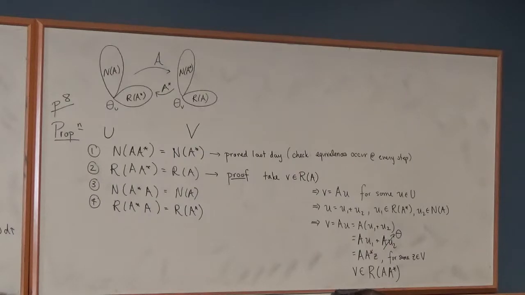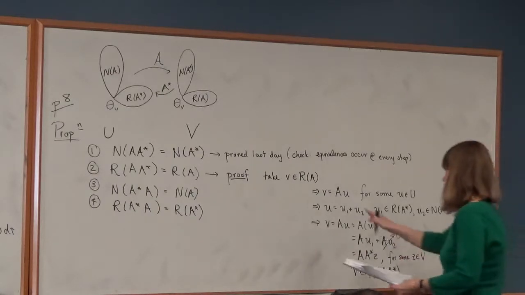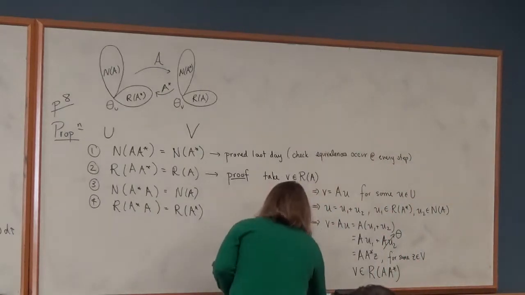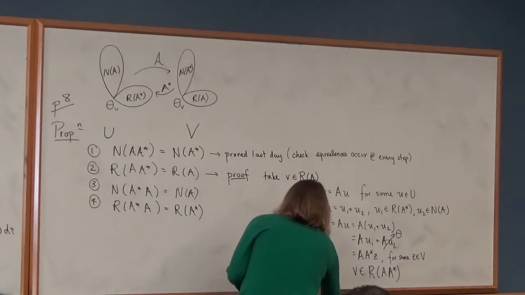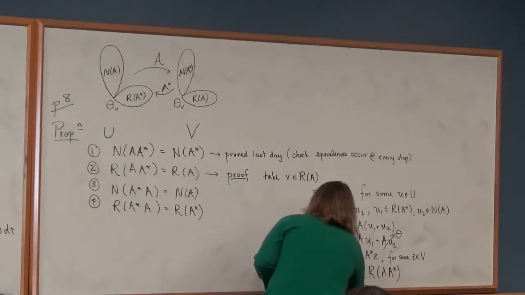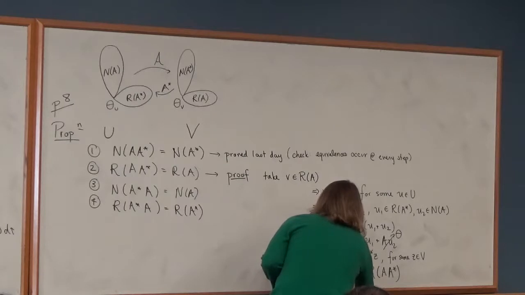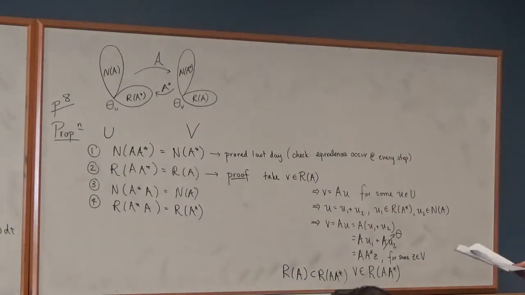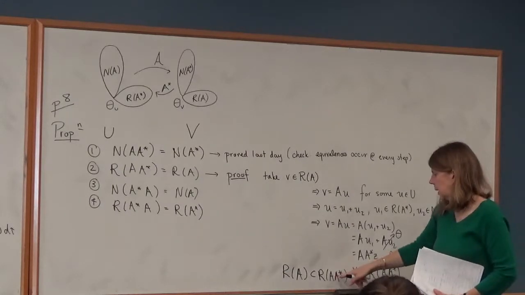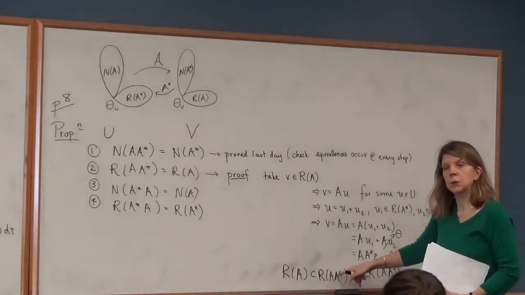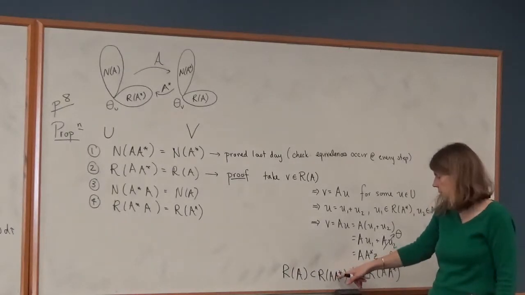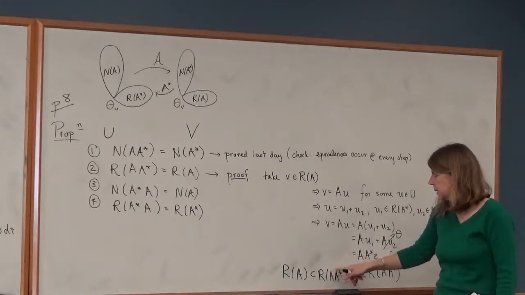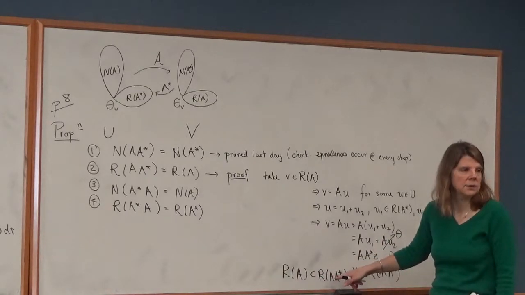Okay, so what I've just done tells me that the range of A is a subset of the range of A star. Now the other direction is the easier direction. If you choose some vector x which is in the range of A star, it's automatically in the range of A because A pre-multiplies A star.